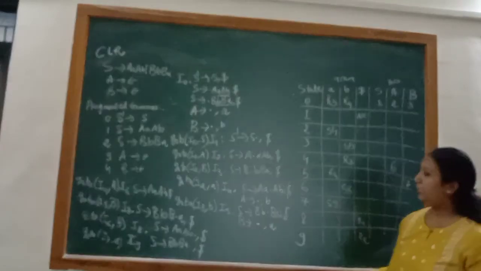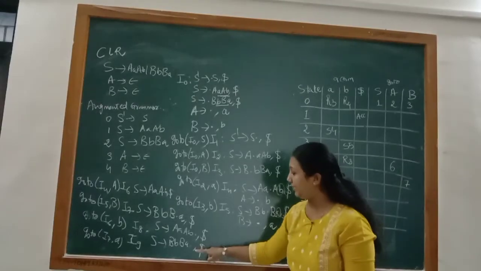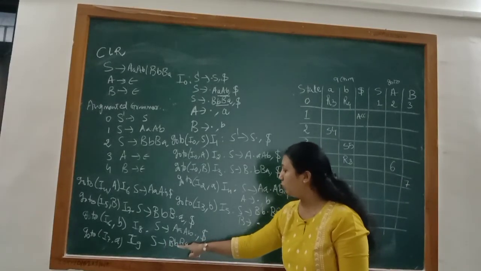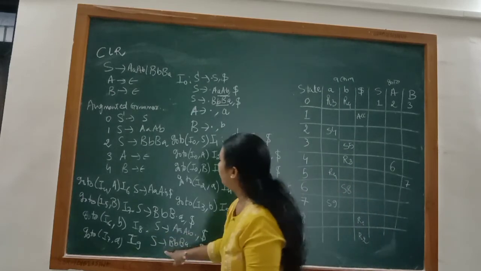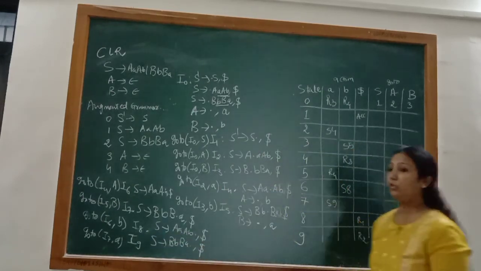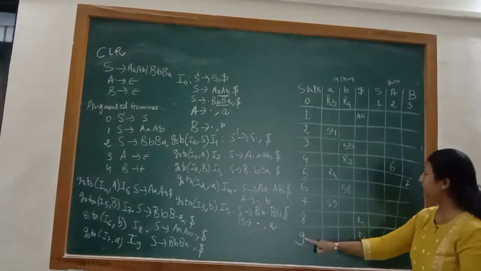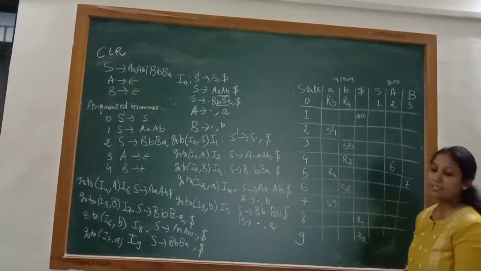Same way in I9 the production S2BBBA is completed, so the R2 entry goes in dollar. So in the 9th state in dollar, this is R2.